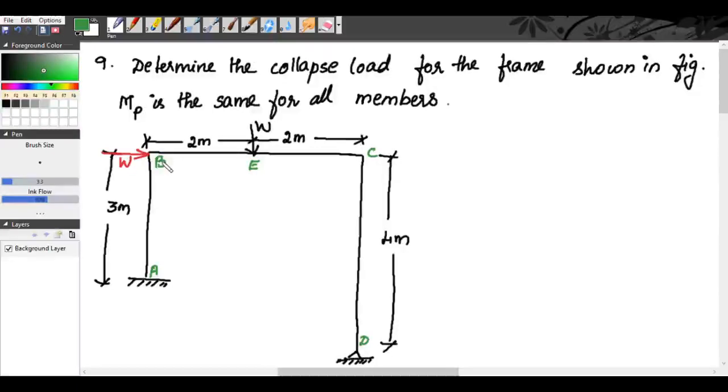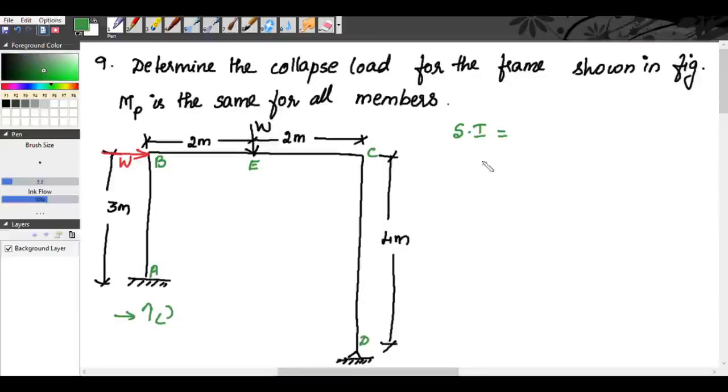Now, the support A is fixed and the support D is hinged. So everywhere it is Mp. Now, what is our statical indeterminacy? Directly we will move on to the problem. At A you will have 3 unknowns, at D you will have 2 unknowns.